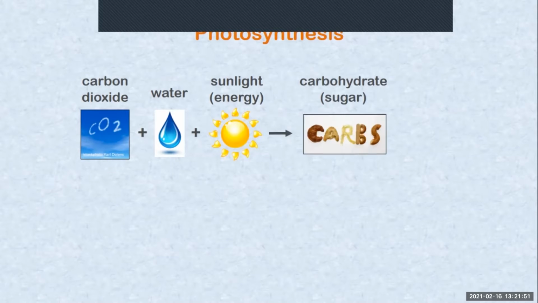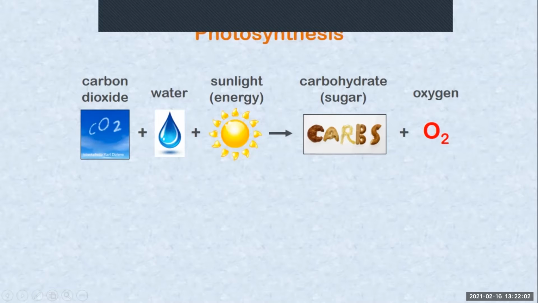Let's see. So photosynthesis. Here's the reaction of photosynthesis. You have carbon dioxide, you add some water, and then capture that sunlight energy and you convert it into carbohydrates. And as a byproduct, you have oxygen. So carbon and water hydrate carbohydrate.